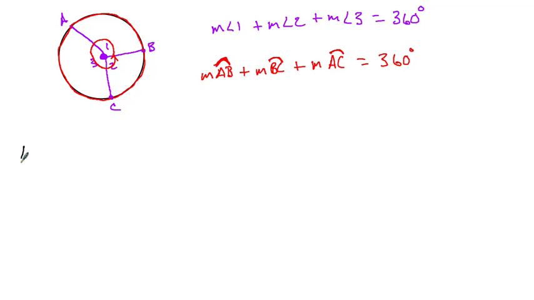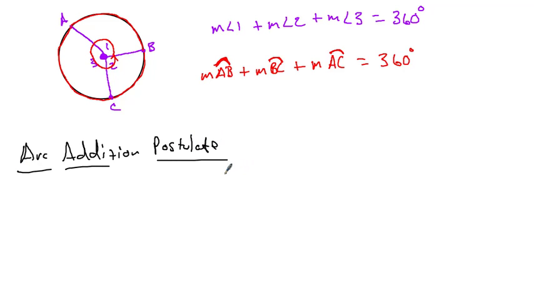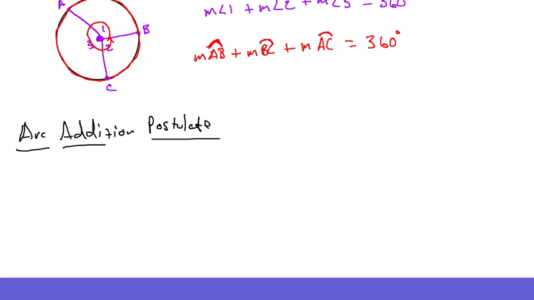So we're going to write down something called the arc addition postulate. And we're going to make a circle. Here's our circle.